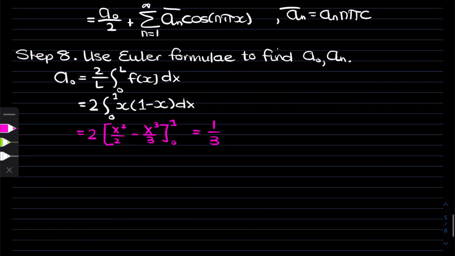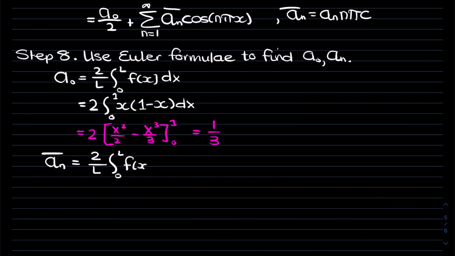Okay, so now we'll just do our next one. So our next one is A of n. Oh, sorry, it's A of n bar, not A of n. Very important. So there's a few other constants. We'll go through and compute this integral and then we'll resolve for A of n. So it's 2 over L, 0 to L. Now this time we have f of x times cosine n pi x over L dx.